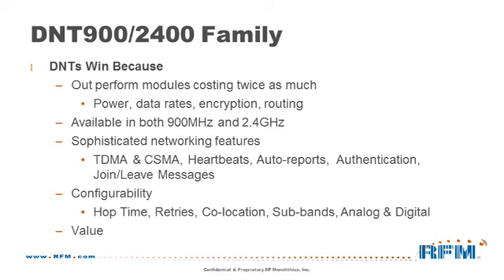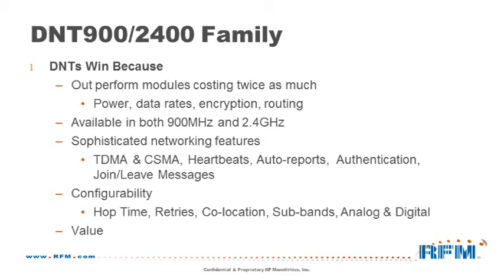The ability to have co-located networks, subbands, we talked about that with the widths, and then the analog and digital I/O, and then that it provides great value to customers while solving a lot of their problems.